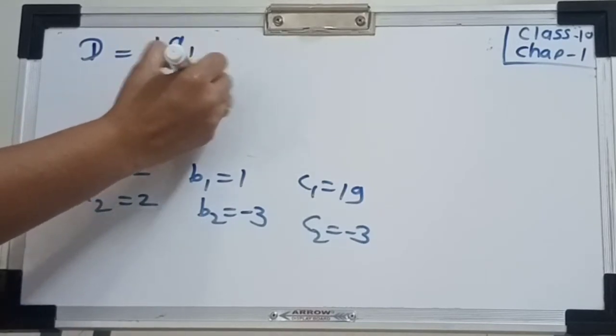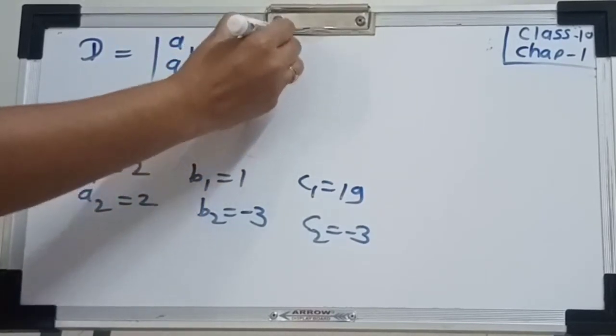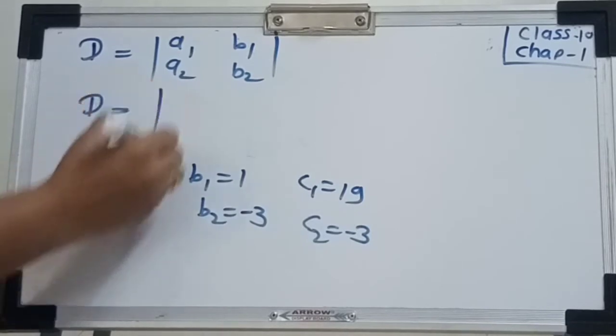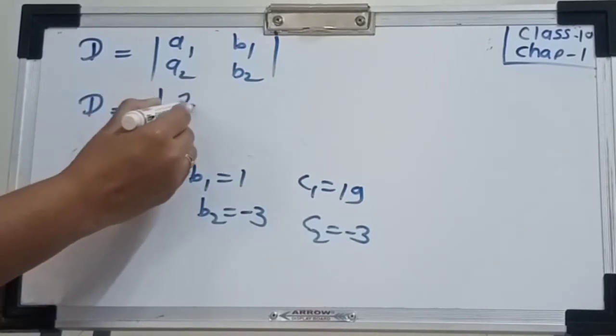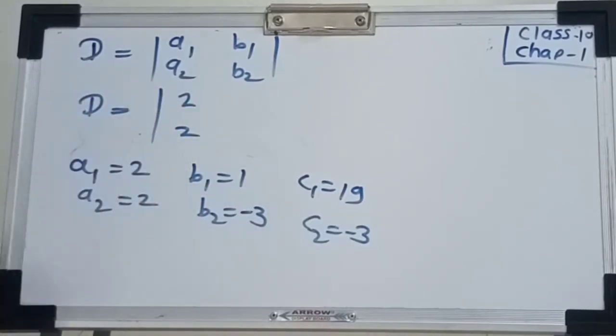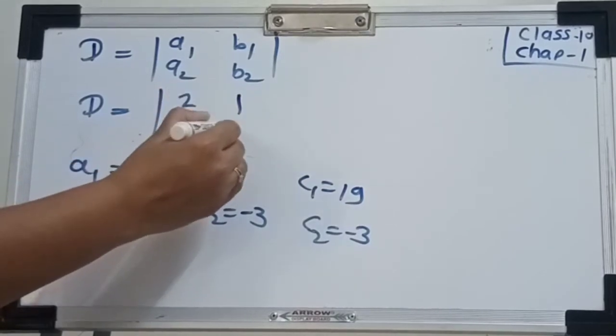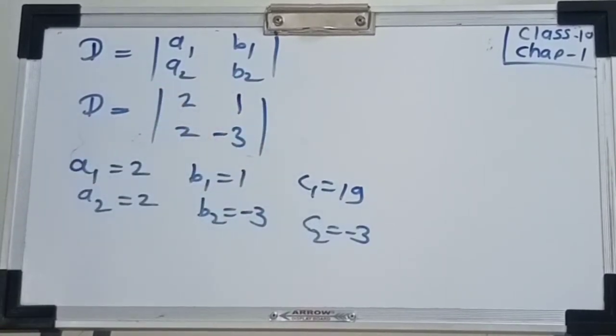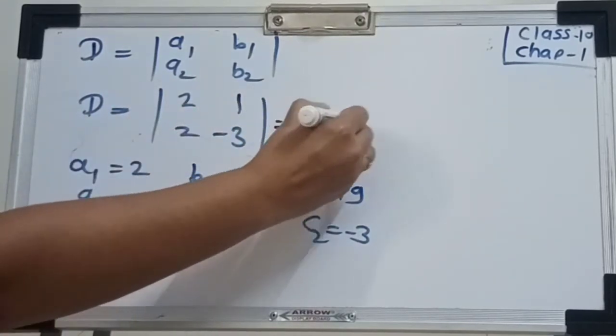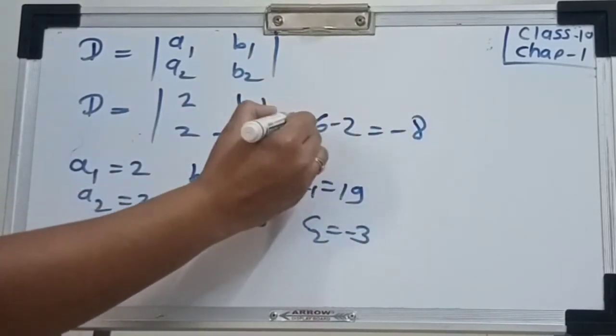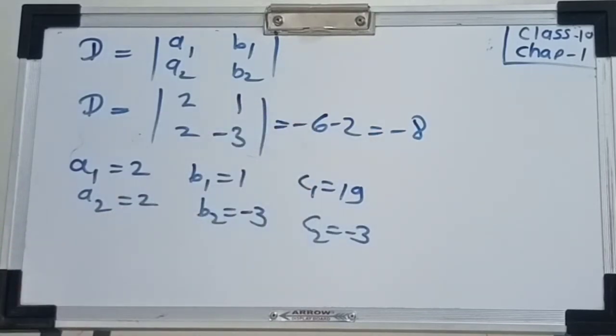Here a1 is 2, a2 is 2, b1 is 1, b2 is minus 3. Cross multiplication: 2 into minus 3 is minus 6, minus 2. Minus 6 minus 2 is equal to minus 8.